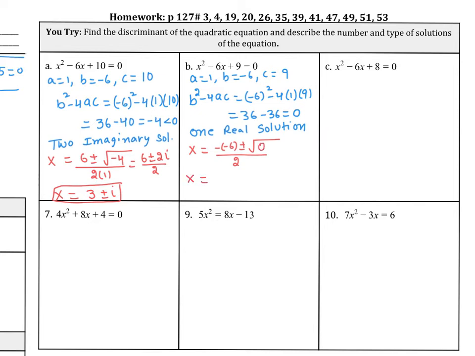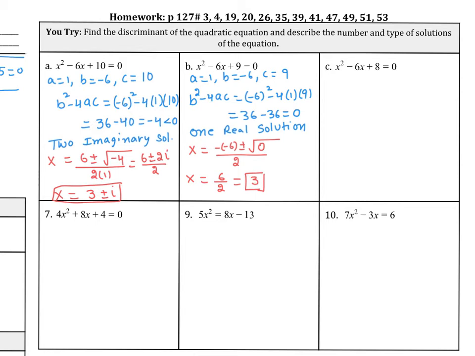So x equals 6 divided by 2, equals 3, would be your answer. I'm just going to remind you, for these types of equations, this question is not asking you to find the actual solutions. I'm just showing you how to find the actual solutions, in case after finding the discriminant you have to find them.